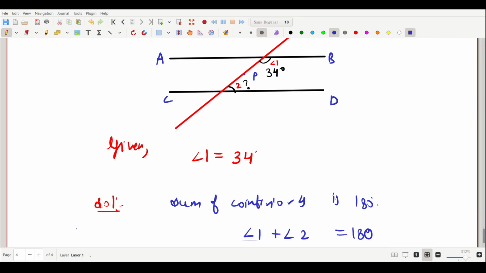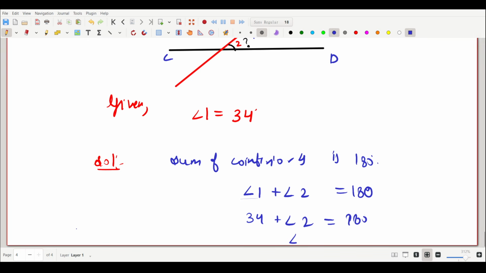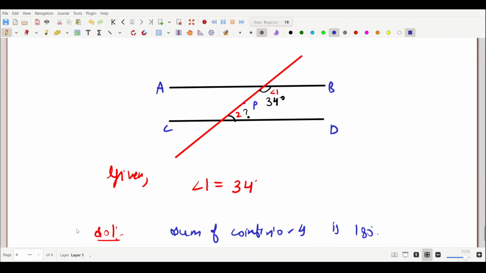Angle 1 is already known, angle 2 is asked. Angle 1 is 34, so 34 plus angle 2 equals 180, and the value of angle 2 comes out to be 146. That means the angle represented by angle 2, this angle here, is 146 degrees, because co-interior angles always sum up to 180.